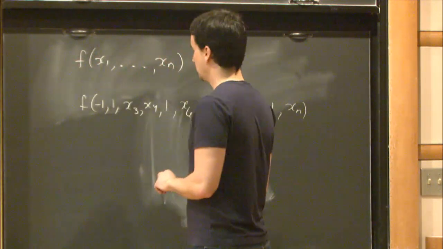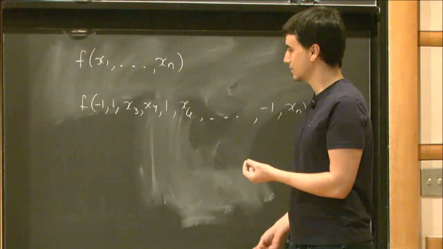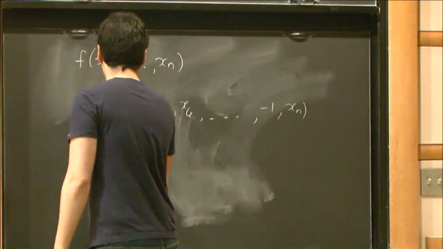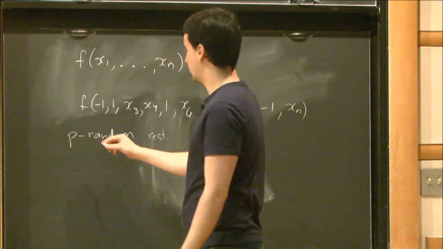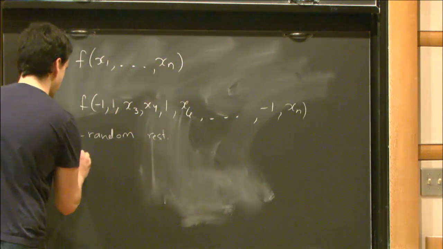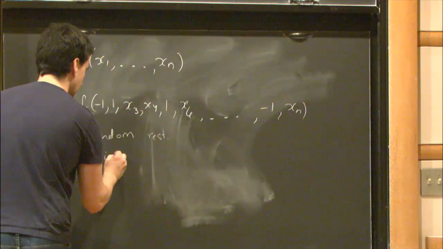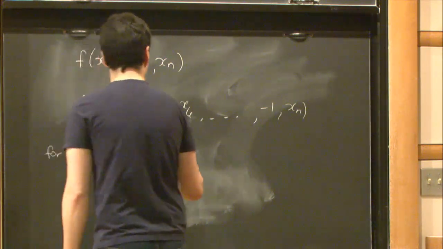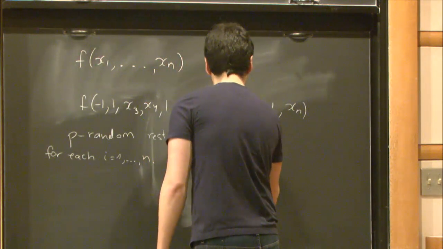Okay, and we in particular will be interested in a distribution of restrictions that is called the p-random restriction. So for each coordinate, for each i from 1 till n, with probability p, we keep xi alive.